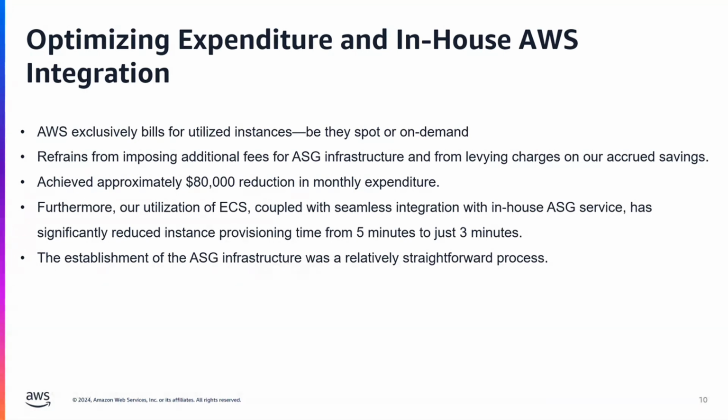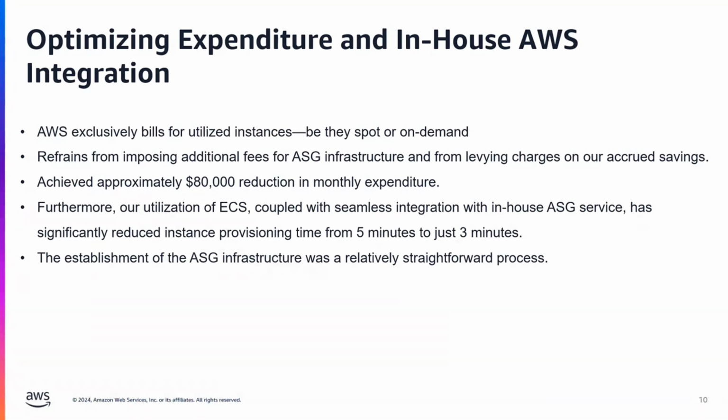One added benefit that we were not even looking for: because of the way ASG works, leveraging ASG with ECS, both in-house AWS services, has reduced the instance provisioning time for us from 5 to just 3 minutes. While it may not seem like much, when running anywhere from 15 to 2000 instances, it helps you get quicker scaling and save some more money too.